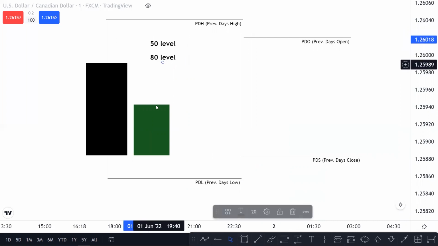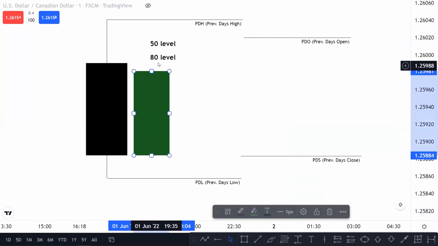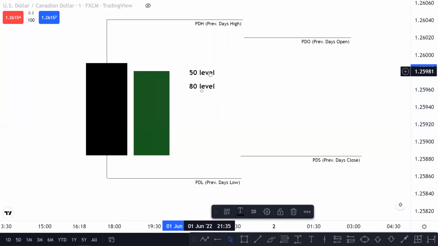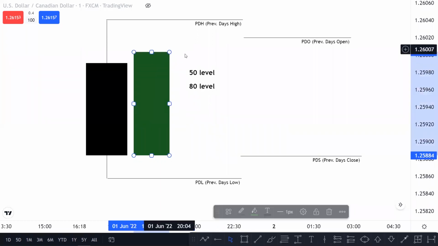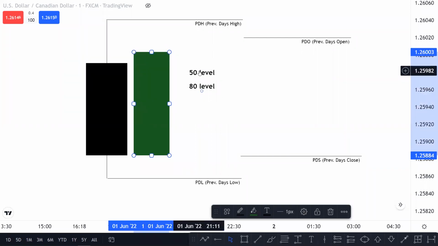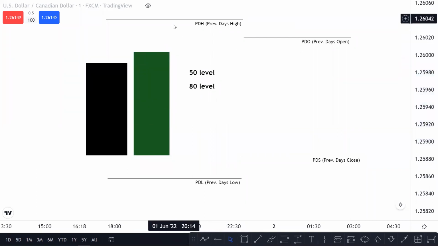If price rallies and finds the 50 level, I will enter the market. Between this and this. Not between the open and close, but between previous day's high and the previous day's low. These two levels.